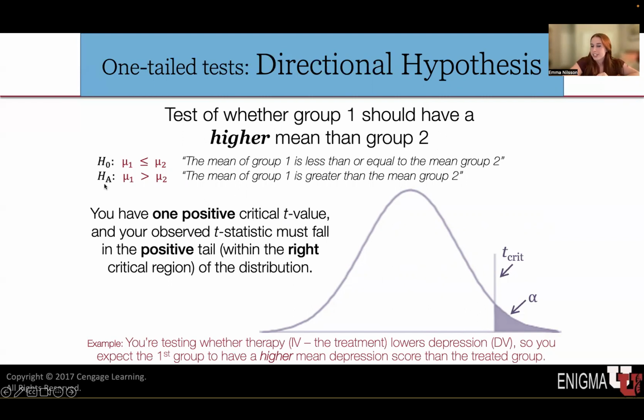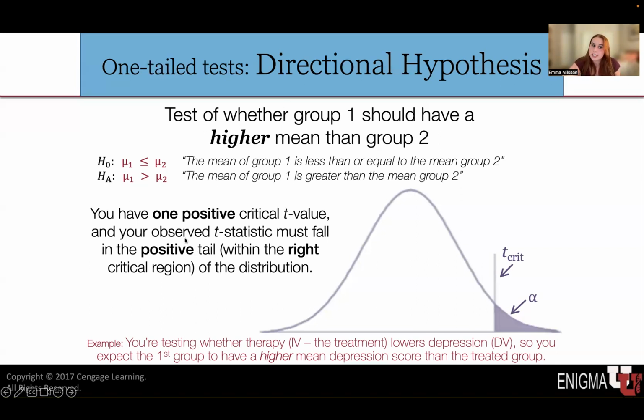Your alternative hypothesis is that the mean of group 1 is greater than the mean of group 2, whereas your null is that the mean of group 1 is less than or equal to the mean of group 2. Even if your means are the same, you do not reject the null hypothesis. In a directional t-test, the means actually have to be more or less, depending on which one you're using.